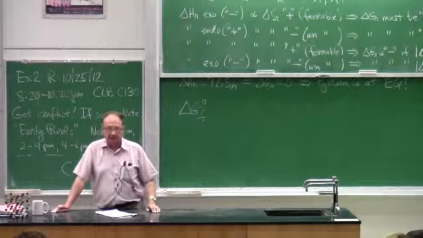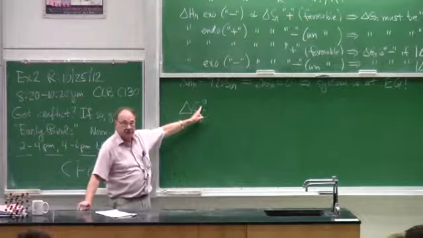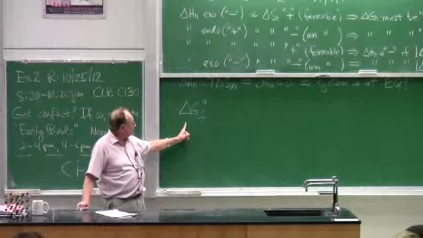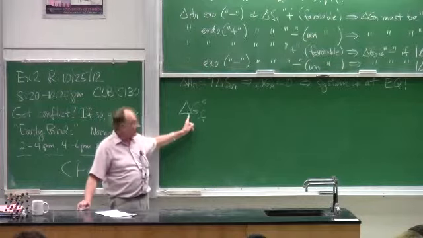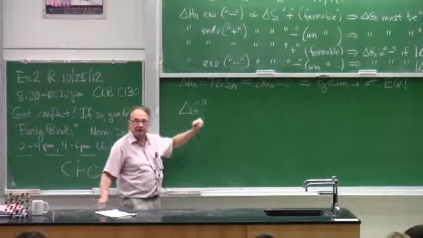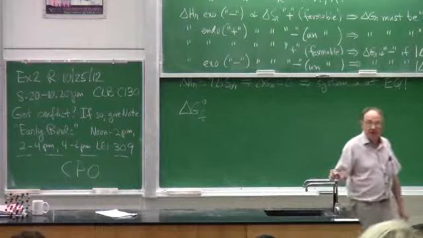But if I use this term with the superscript 0, now I'm referring to a change in free energy for the process under a specific set of conditions known as standard conditions. What are standard conditions?